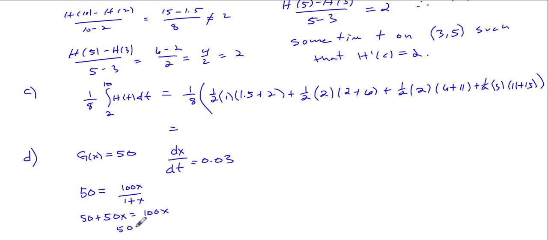Subtract 50 equals 50x, therefore x equals 1. So when the diameter is 1, the height of the tree is 50 meters. Diameter is 1 meter, the height is 50 meters. Okay, now we need to figure out what the derivative of the height is at x equals 1.